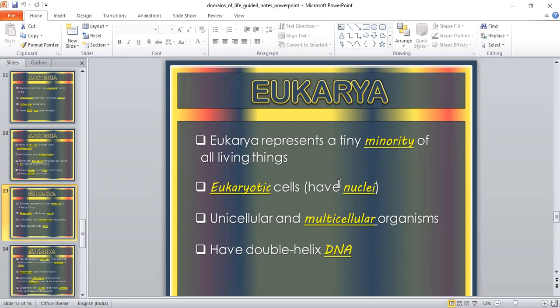There is a minor group, but they are very well developed because their life form is very well developed.